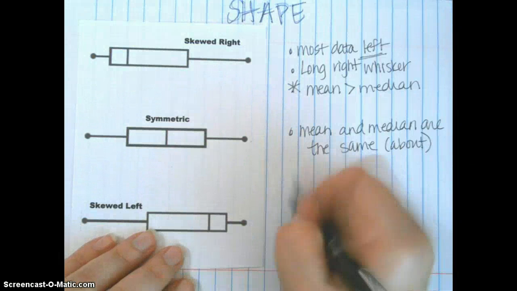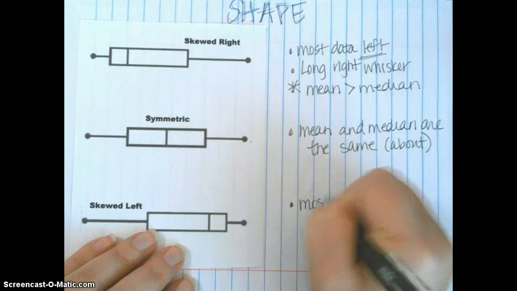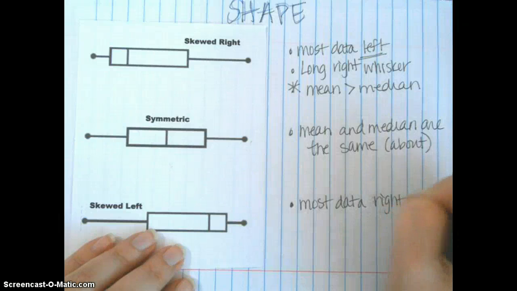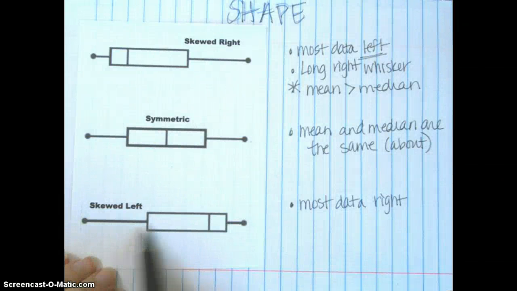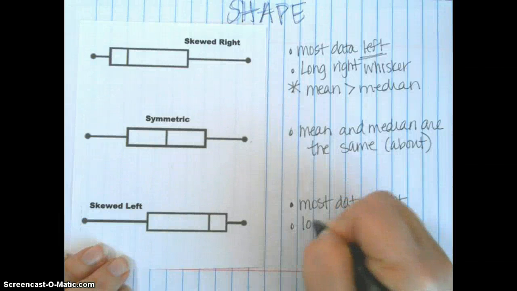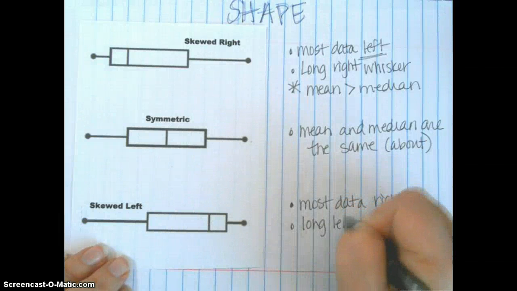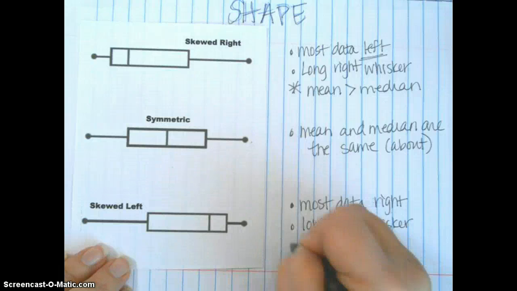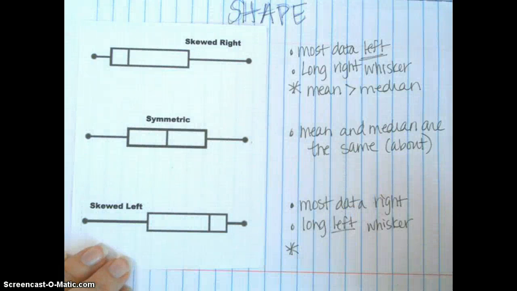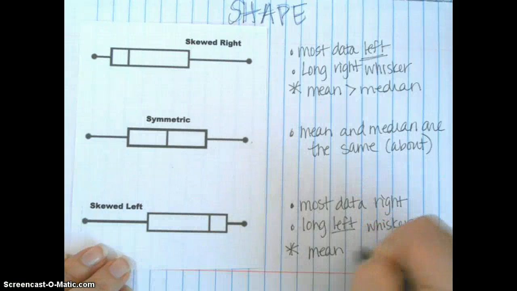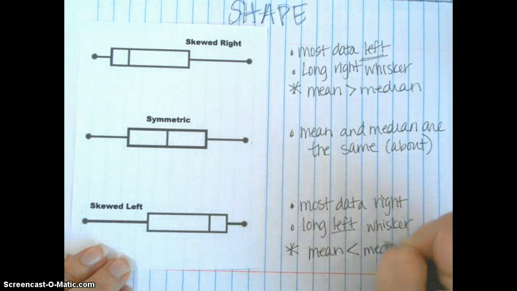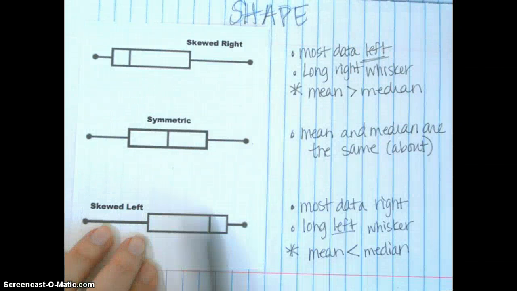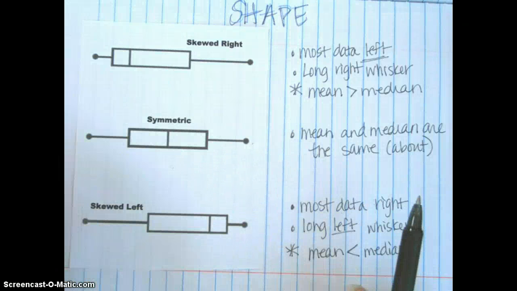If it's skewed to the left, most data is on the right, but skewed to the left means it has a long left tail or whisker. But the most important part, the vocabulary aspect of this, is that the mean is less than the median. The mean will be on this left side, which will be less than the median, which is the very middle. So those are your 3 different ones.